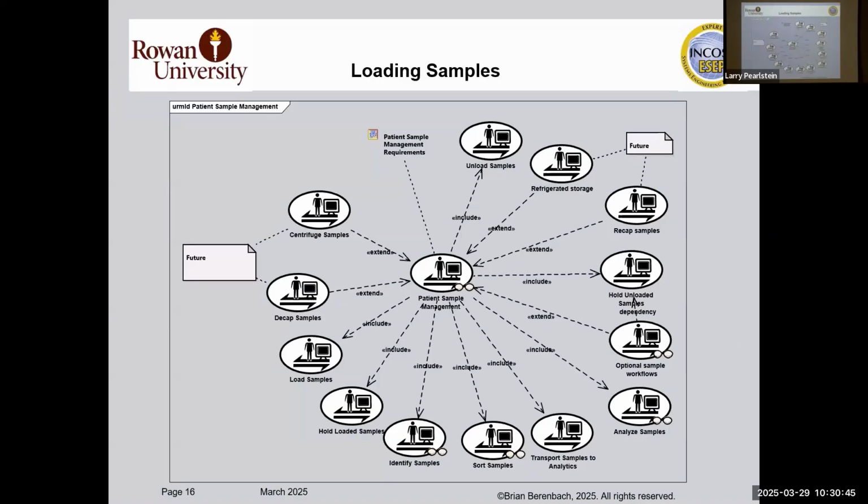And here we have centrifuge samples and decap samples. Decap samples means you have a test tube and the tube has a blood sample in it and you're going to run it into the analyzer. Now, in order to prevent evaporation or spilling, they like to cap the samples. You'll see what they look like, a little red or white cap on them.